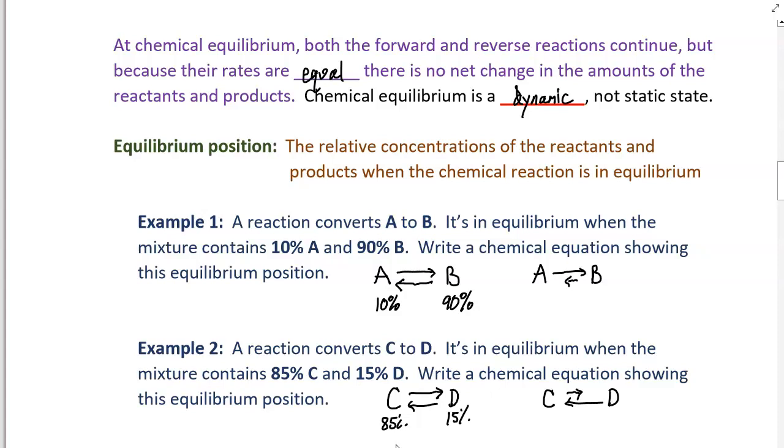This notation shows that the formation of substance C is favored. When the reaction is in equilibrium, meaning that the rate of the forward reaction is equal to the rate of the reverse reaction, there is more of substance C in the mixture than there is substance D.